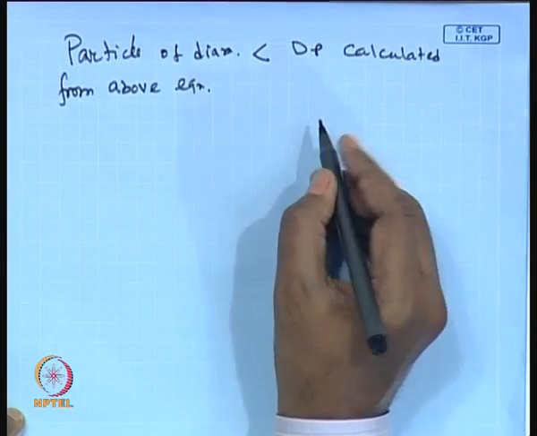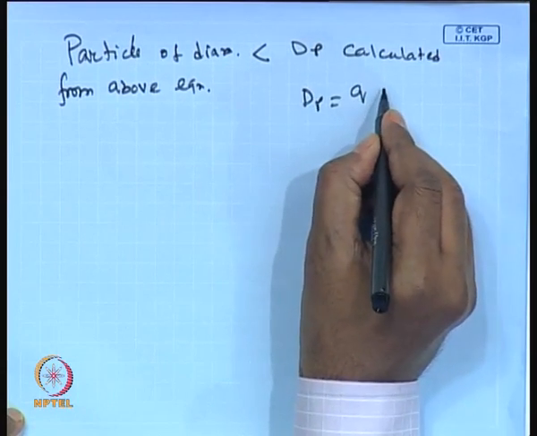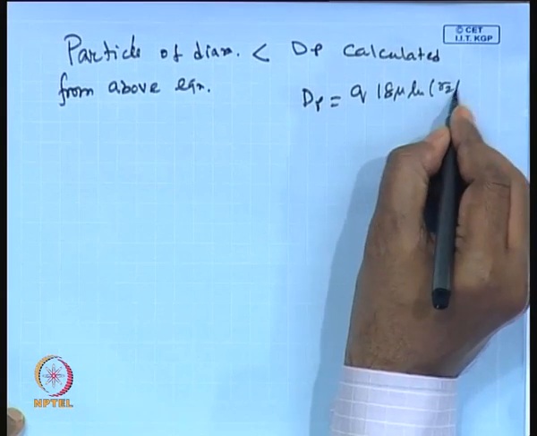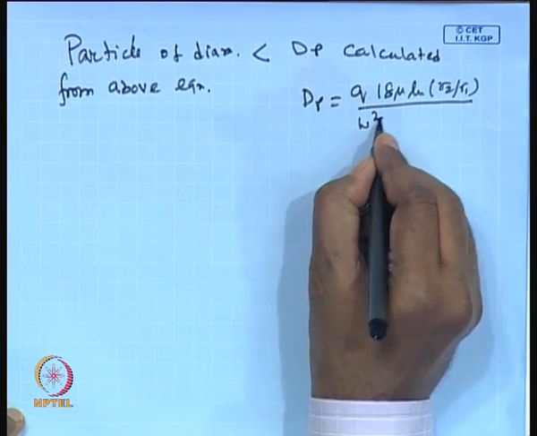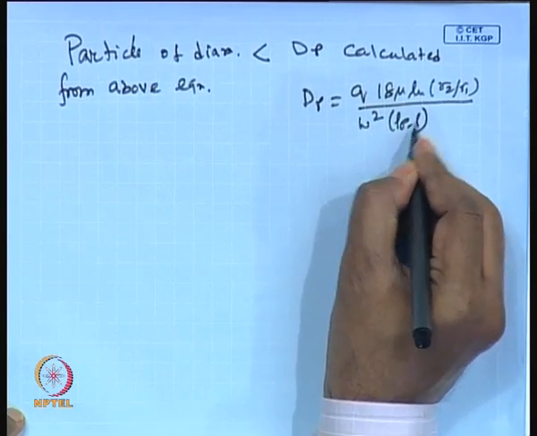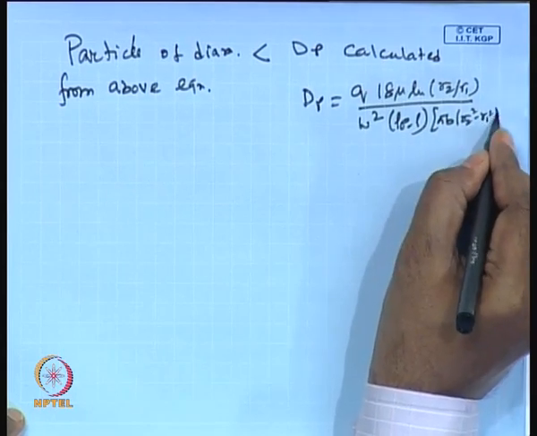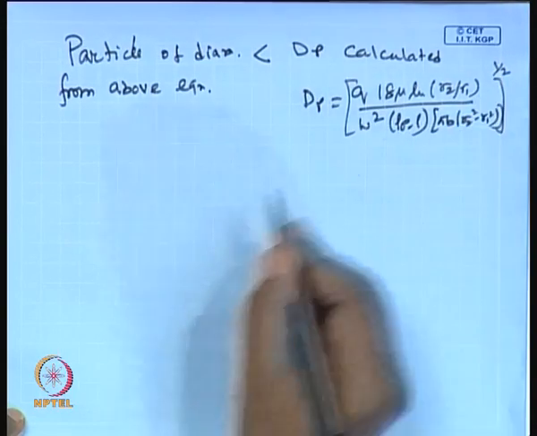So, what is the expression of dp? dp will be nothing but [Q times 18 mu ln(R2 by R1) divided by omega square (rho p minus rho) pi b (R2 square minus R1 square)] raised to the power 1 upon 2.